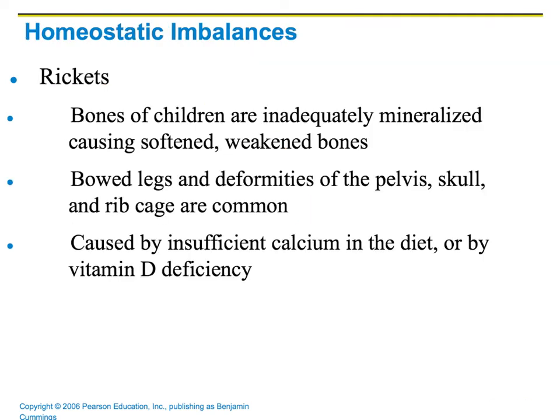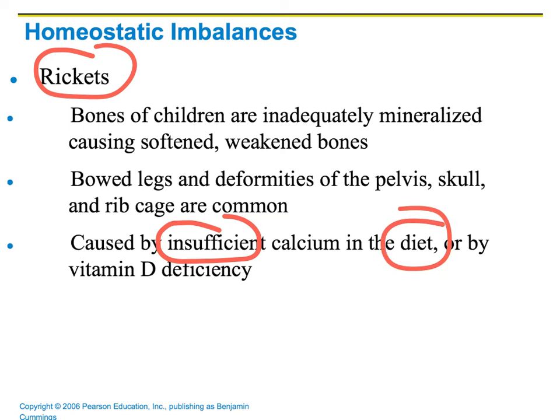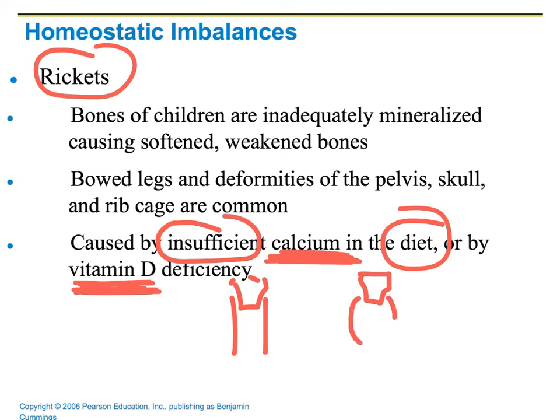Which leaves us with 2 slides on 2 bone diseases. This one is rickets. It's due to an inadequate diet, insufficient diet, and we're looking at those 2 main nutrients needed to help the osteoblasts lay down bone, which is calcium and vitamin D. There is a picture on Google Classroom available, and what you can see in the leg bones of someone with rickets, unlike a healthy person in which the bones are straight, due to the weakness in the bone under the weight of someone standing, the leg bones bend, or what we call bow.